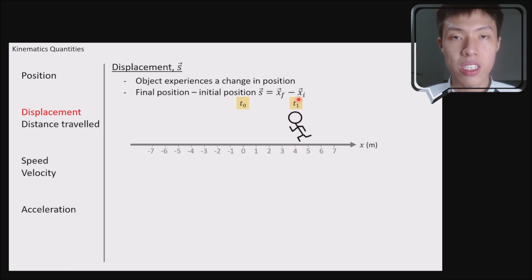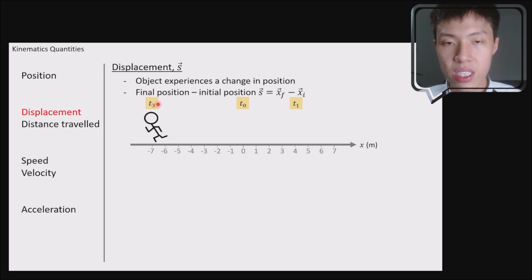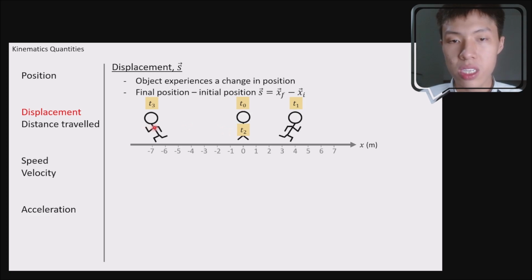The moment it makes a U-turn, we call it T1. And then this person runs back towards the opposite direction, passing through the origin as well. We label this part time 3, T3, because I labeled the moment where it passed through the origin as T2. So it goes like T0, T1, T2, T3.